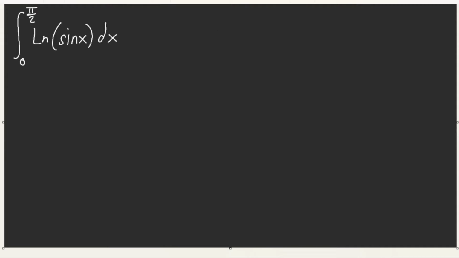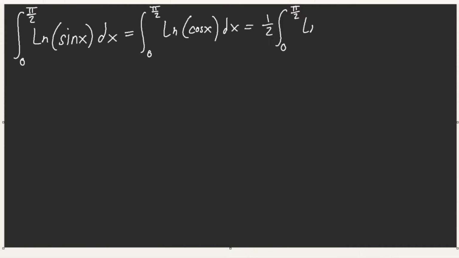So when we do Queen's Rule, we get ln of cosine of x. Now, because of that, when we add this up together, you get ln of sine of x cosine of x.